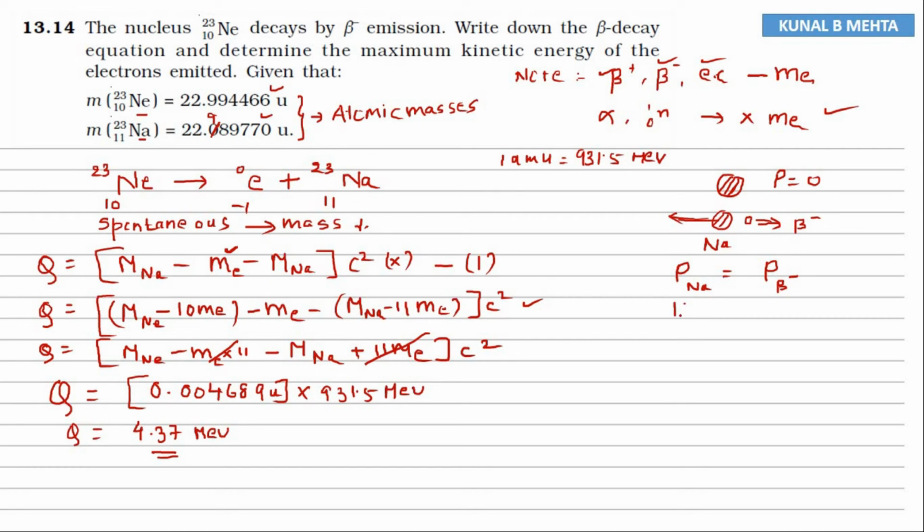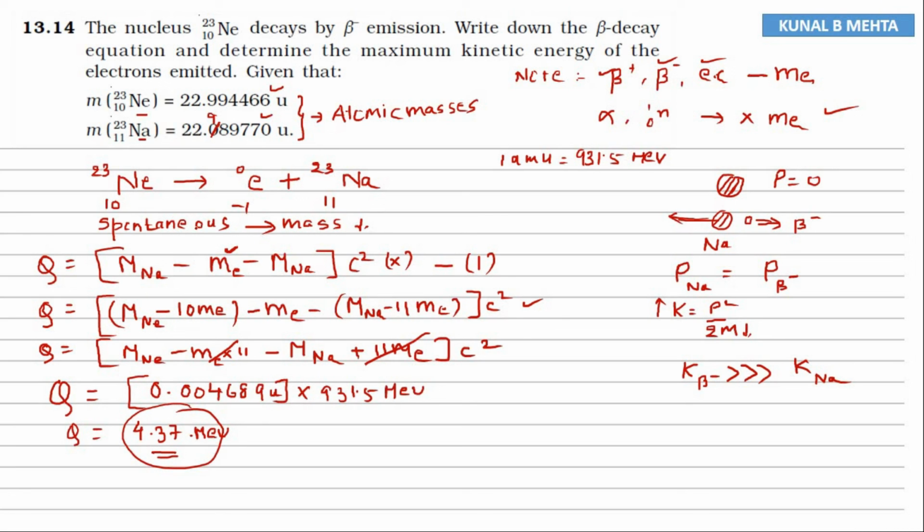But we know that kinetic energy is equal to p square upon 2m. Now the mass of the beta particle is extremely small, so its kinetic energy is going to be very large. And since the mass of the sodium nucleus is very large, its kinetic energy is going to be very, very small. So the kinetic energy of beta minus is going to be very much larger than the kinetic energy of the sodium nucleus. So where do they receive their kinetic energy from? The answer is the Q value.